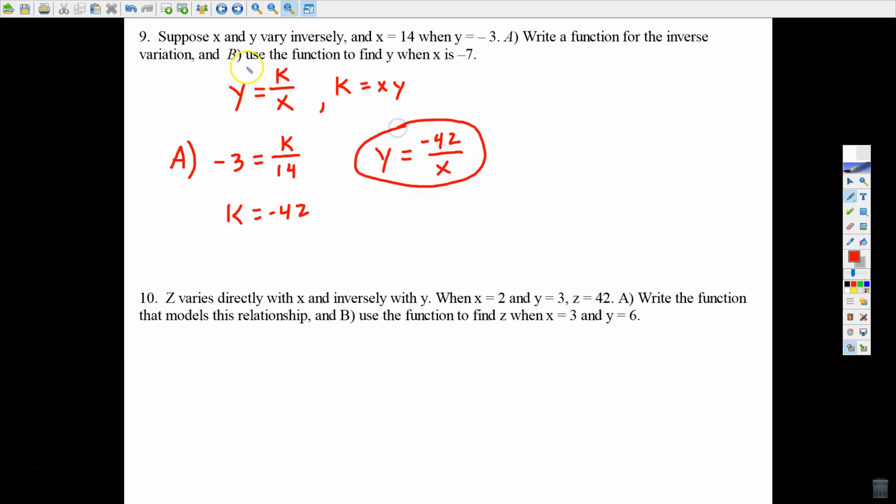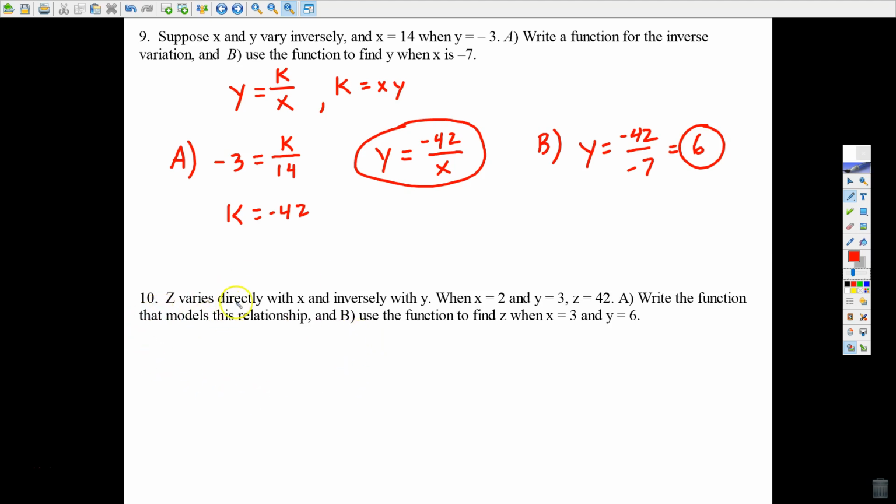That's the answer for part A. Now part B will require using this function. It's pretty easy. Find y in this function if you let x be negative 7. All right, and negative 42 divided by negative 7 is positive 6. So there's your 9A and B answers.